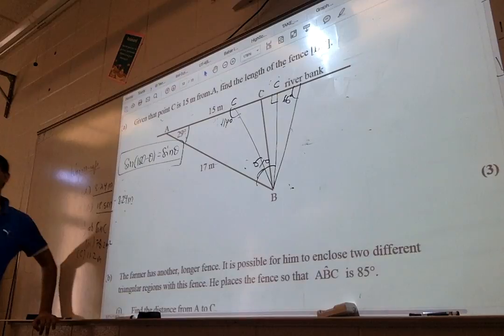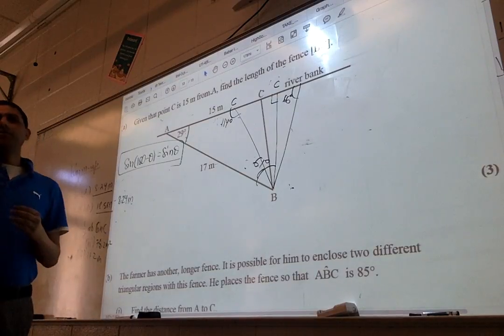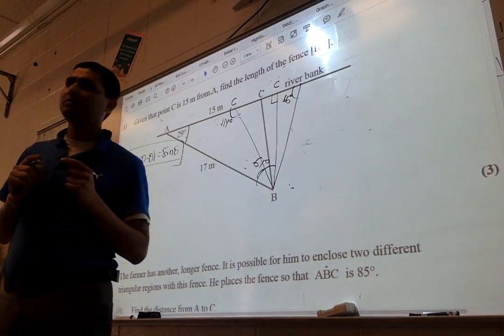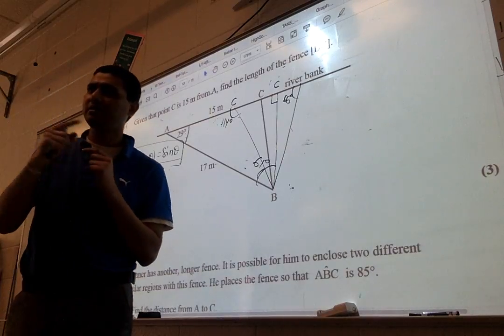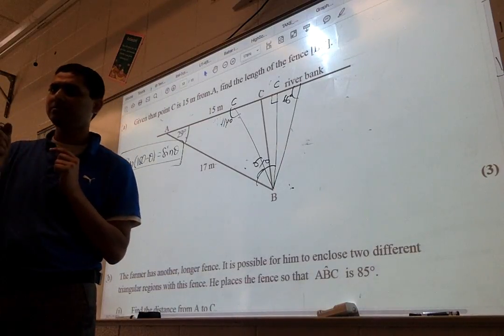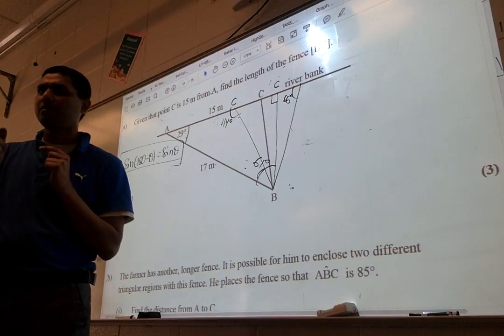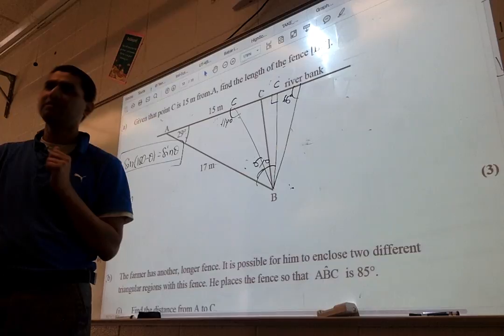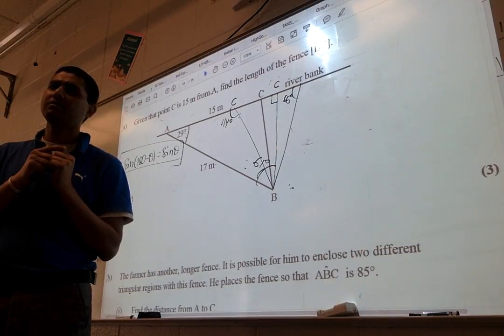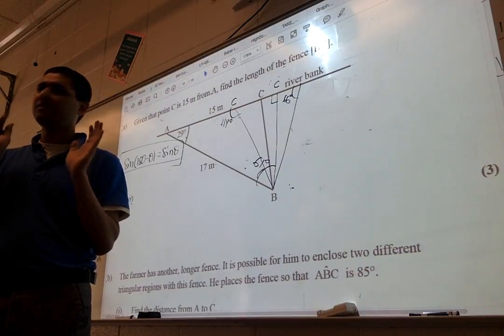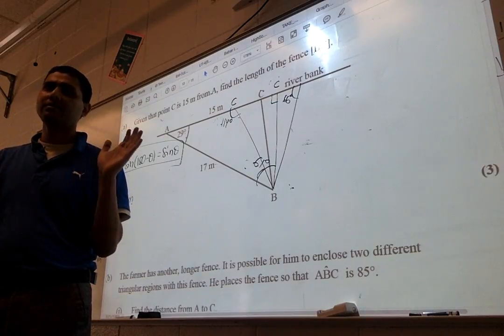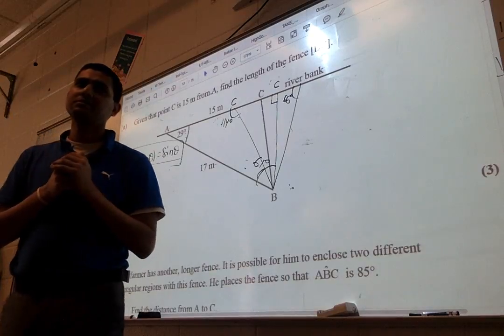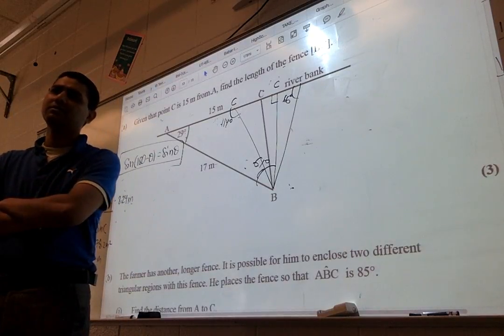Okay, so now you are using the same fence to form the three triangle regions, right? It says he moves the fencing, so it's the same length. The only other way that he can move it would be that way. Knowing how it's supposed to work, it makes sense, because that's the only way it'll reach the riverbank again.